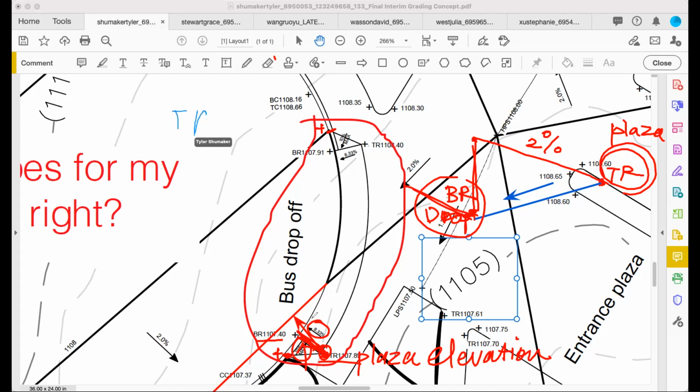So it's the TR minus the BR divided by H? And then that will give me the percent, so multiplied by 100 then? Yes. So that is how you calculate that slope.